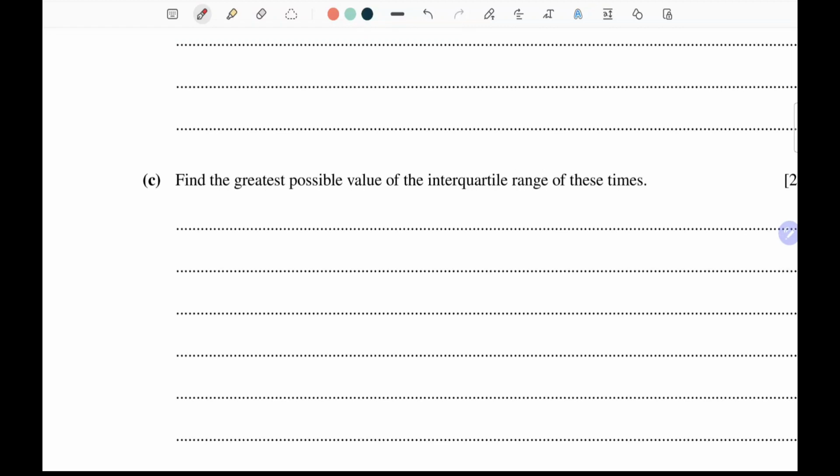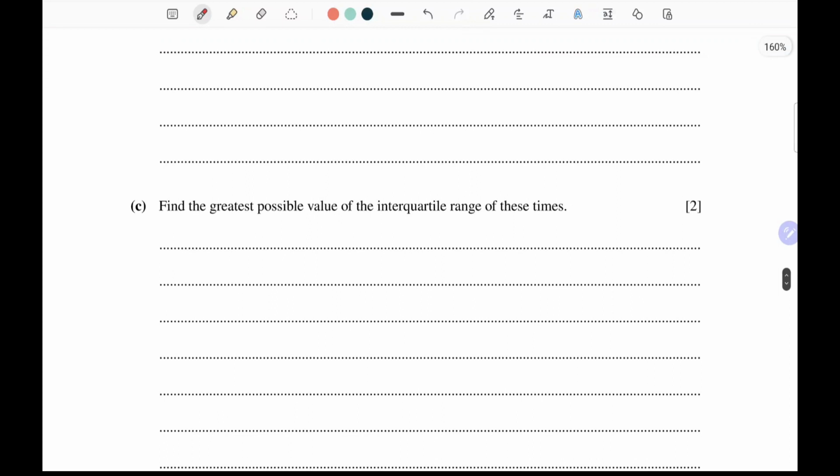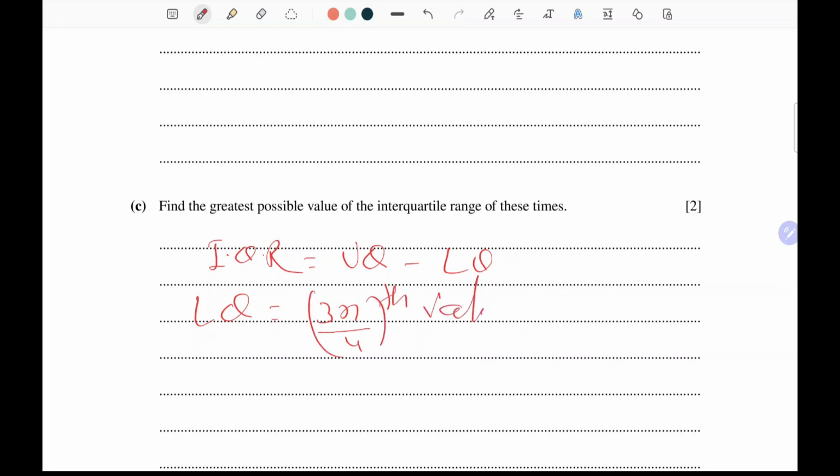Find the greatest possible value of the interquartile range. Yeah, this is a good question, even though it is only for 2 marks. However, this is a very, very good question. So for the interquartile range, IQR, we know that it is upper quartile minus lower quartile. For the upper quartile, we need to find the 3n over 4th value. Yes or no? Yes.